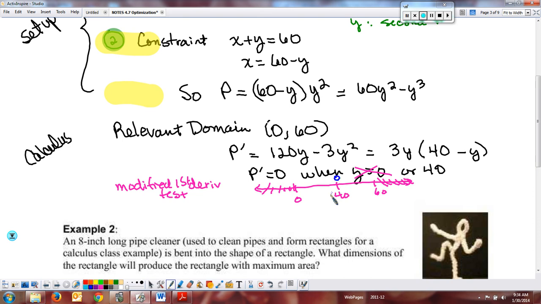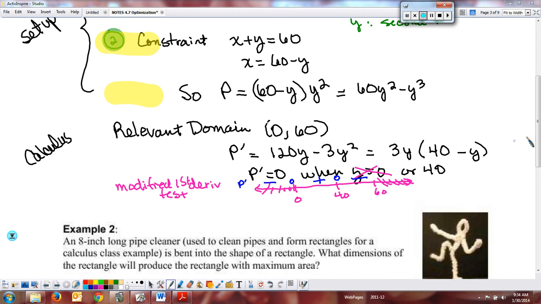It's 0 at 40, and we know that this is a quadratic with a negative lead coefficient, and because those are your two zeros, it was 0 over here, I'll just fill it in so it's going to have a negative and then a positive, and then over on this side it would be negative. So we can pretty much just look at that and fill it in. And we see that on our entire relevant domain, it always is positive before, and it's always negative after. The word always is the key.